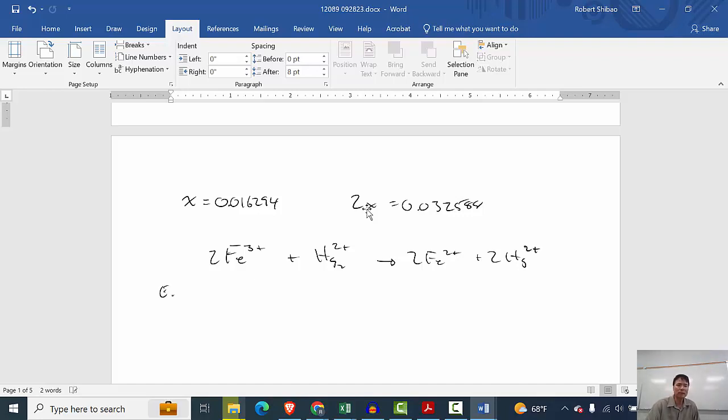And so at equilibrium, here we had this is the reset. So this would be the second ice table, 0.53 minus 2x. And so this is going to be 0.5300 minus 0.032588.